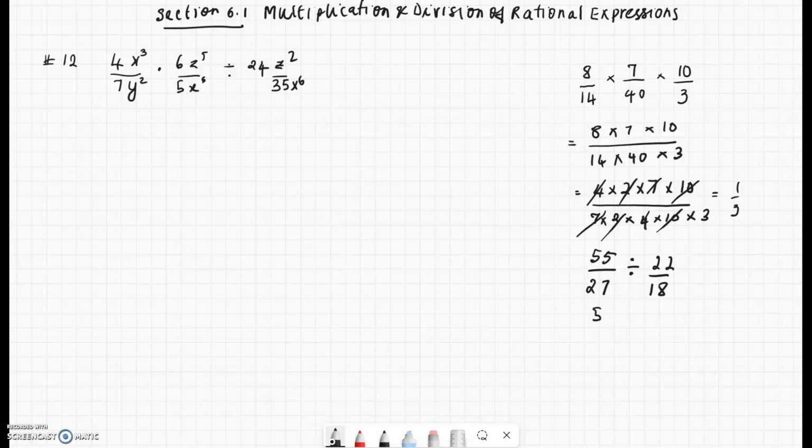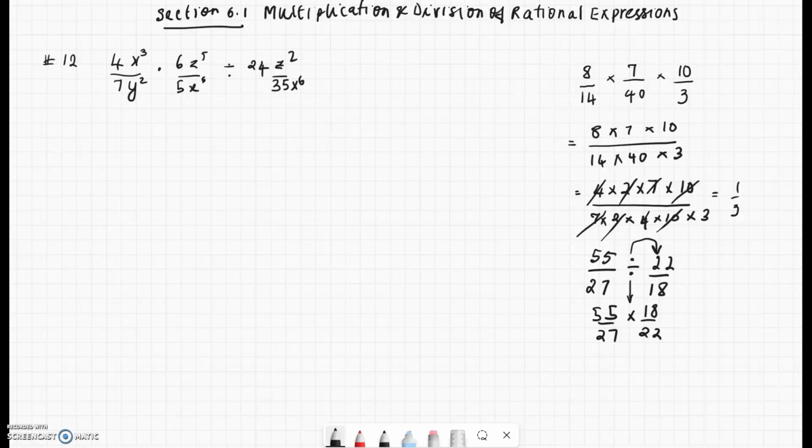We go 55 over 27, we change the division to multiplication, and what we flip is only the one fraction to the right. So that's 18 over 22.